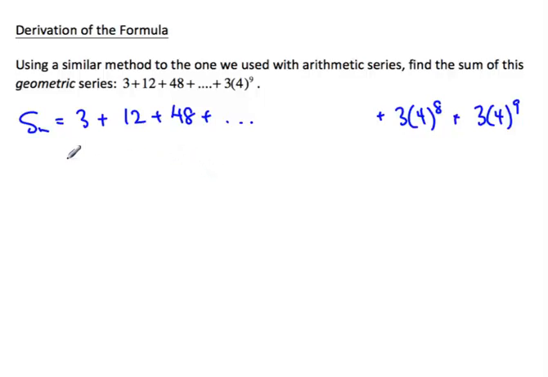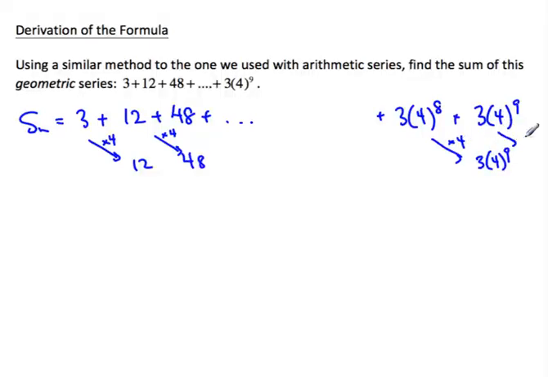Instead of doing that, though, let's apply this trick. And this is not necessarily something you might spot, but once you've seen it, you'll see how it all works out quite nicely. If I multiply every term in this series by 4, I'm going to multiply 3 by 4, and I'm going to get 12. I multiply 12 by 4, and I'm going to get 48. If I multiply 3 times 4 to the 8 by 4, I get 3 times 4 to the 9.